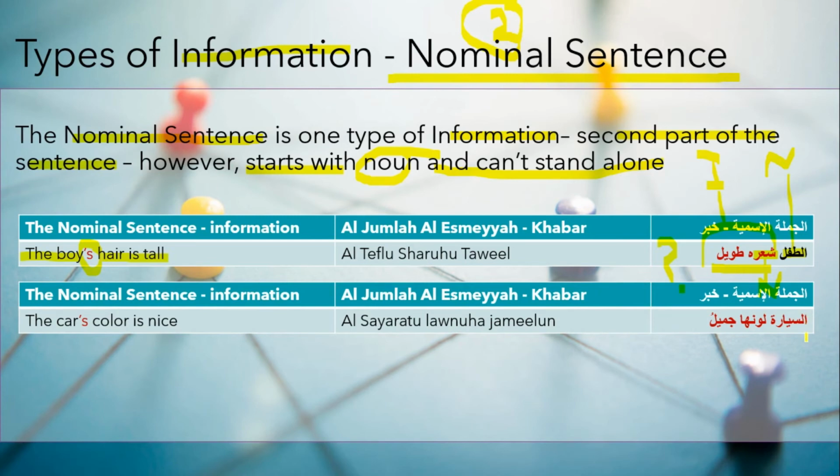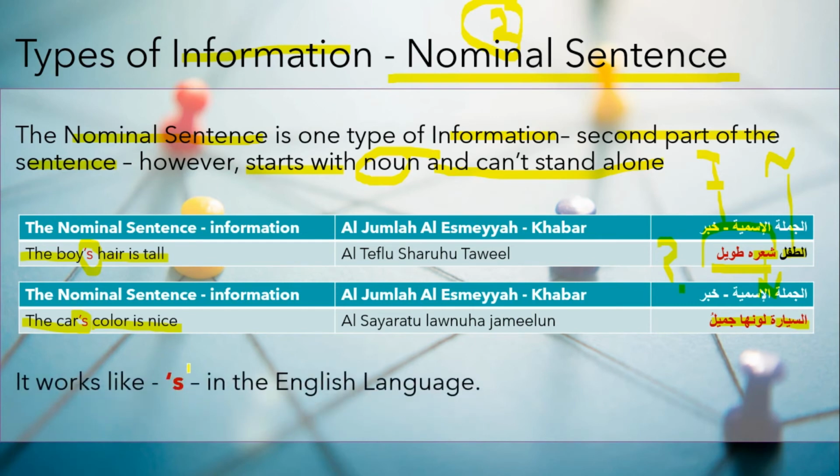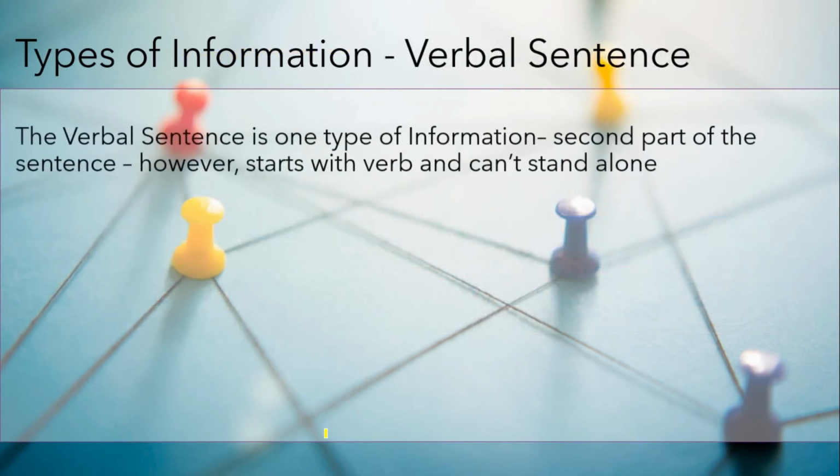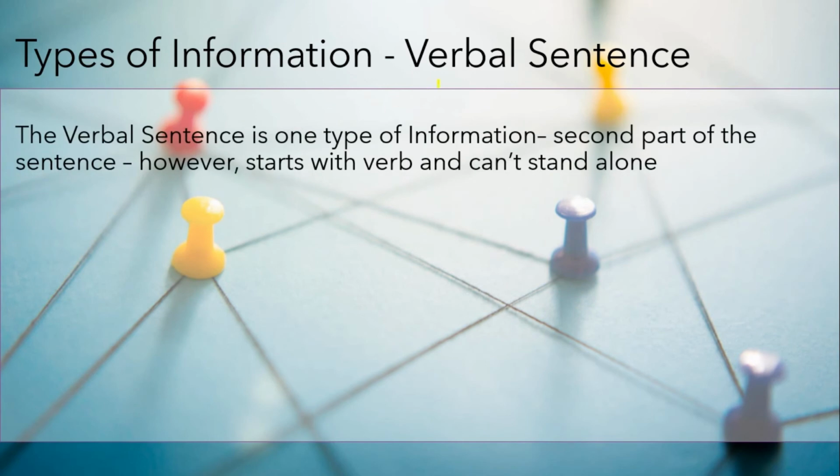It can't stand alone. Like when I say السيارة لونها جميل, the car's color is nice. Exactly the same: the first part, السيارة, is the commencement, which is المبتدأ, and لونها جميل is الخبر. As you can see here, I'm just giving you a note that 's, apostrophe s, in the English language is expressed in the nominal sentence type of information.